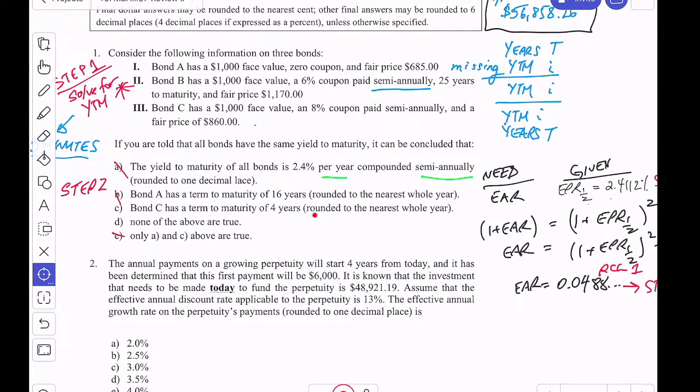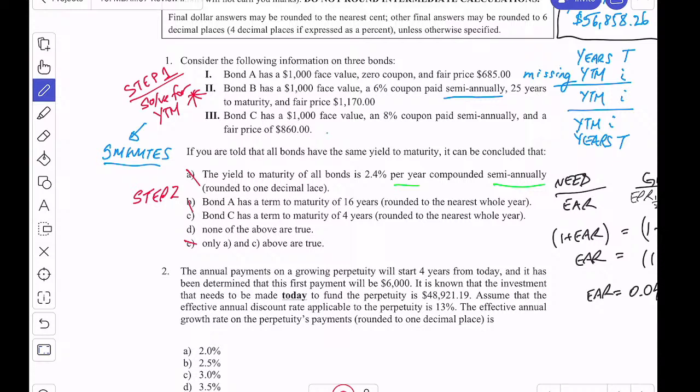Bond C has a term to maturity of 4 years. So you have to check this to see if it's 4 years. Can you guys check that for me? So we've done step 1, step 2, step 3 now is to check this bond for how many years.